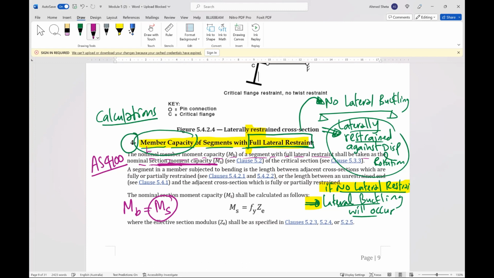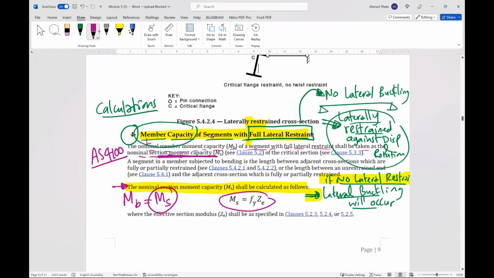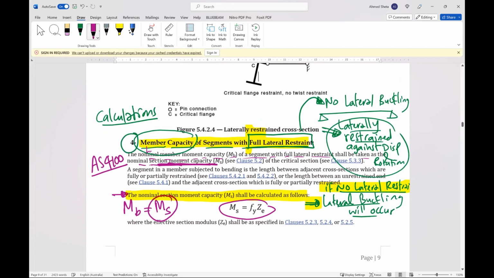The nominal section capacity according to the Australian Standard is Ms equals fy times Ze, where the effective section modulus Ze can be calculated using clause 5.2.3, 5.2.4, or 5.2.5.